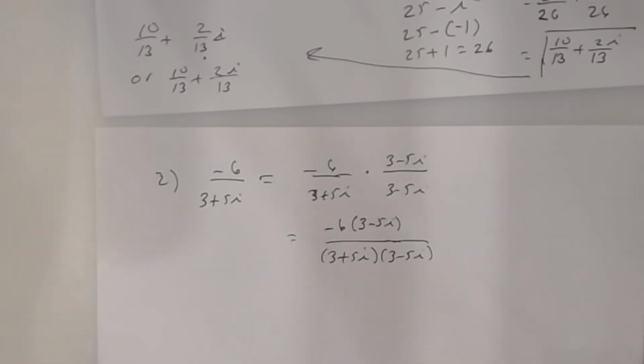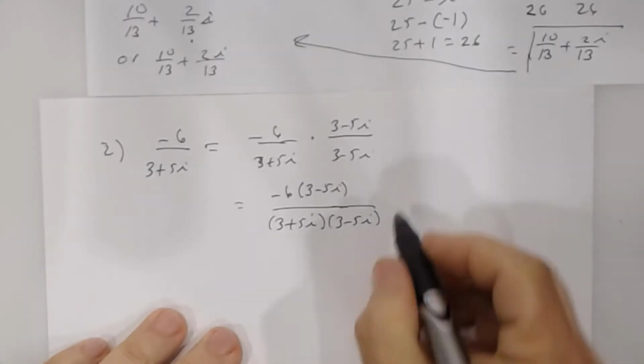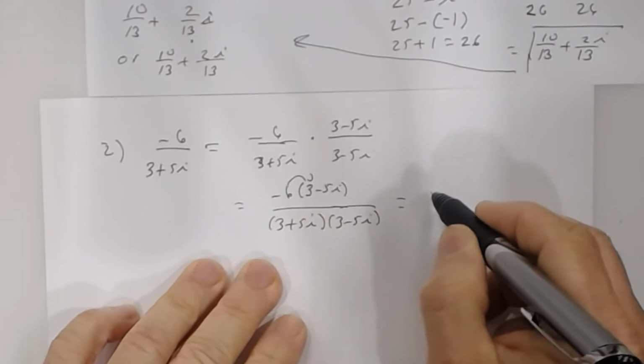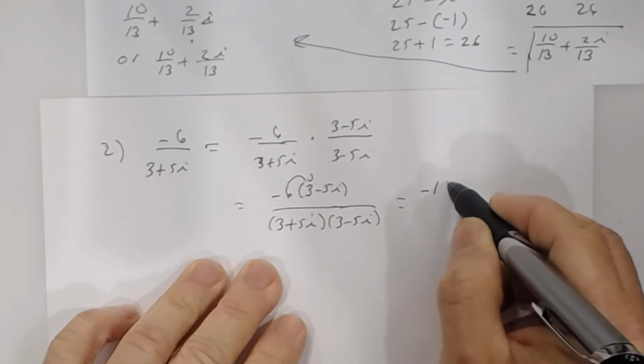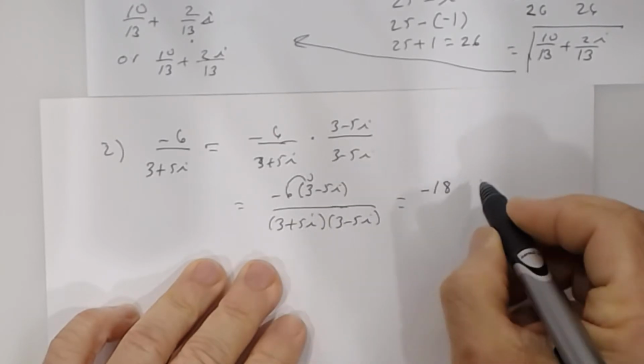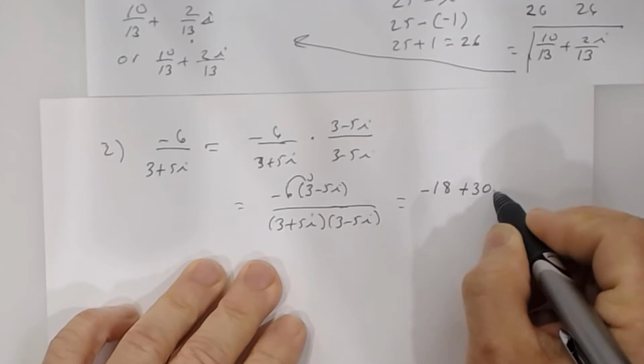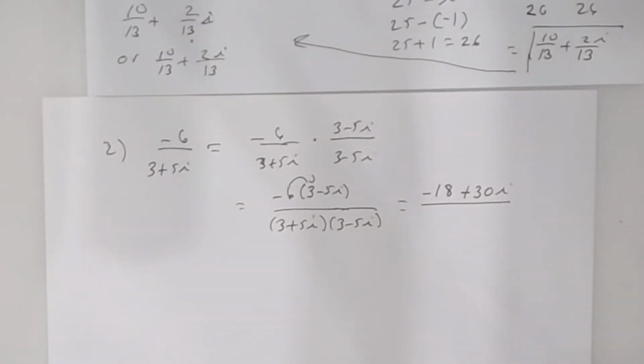Now, let's get rid of the parentheses. How do I get rid of the parentheses in the numerator? Distribute. So what's negative 6 times 3? Negative 18. What's negative 6 times negative 5i? Positive 30i. All right, now let's do the denominator. How do I get rid of the parentheses in the denominator?